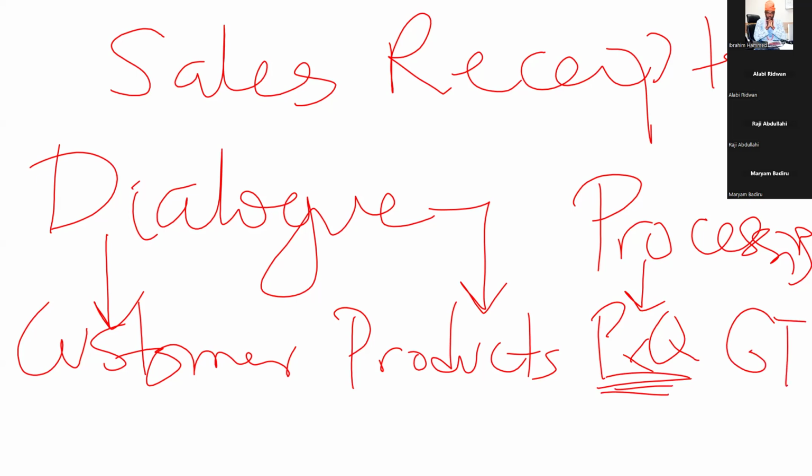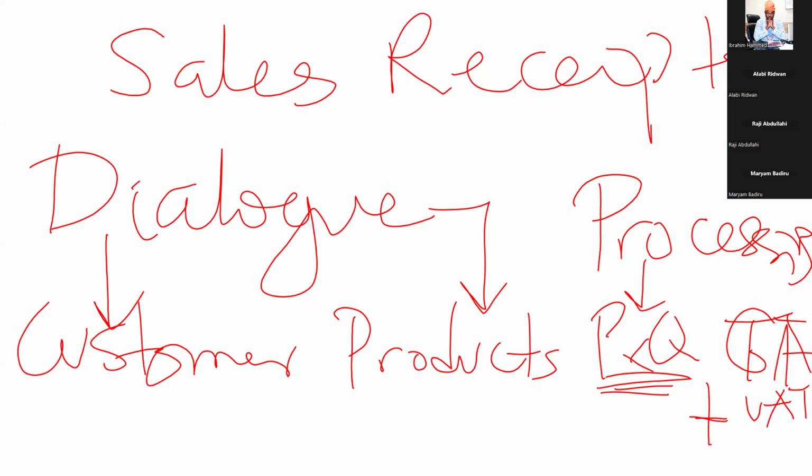You calculate the total amount by accumulating all of these individual price times quantity values.